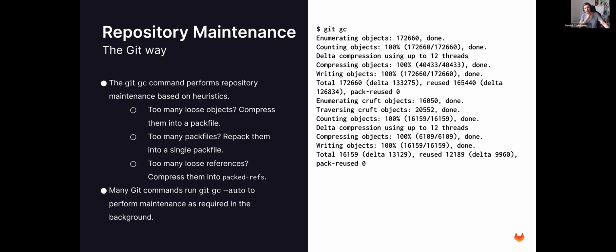You can see this happening on the right-hand side, where it does a bunch of things that I won't go into detail about. Typically, though, you don't have to execute that command manually, because Git does it automatically for many commands. For example, if you do a rebase, Git knows to automatically call git gc --auto afterwards, which will perform maintenance as required in the background.